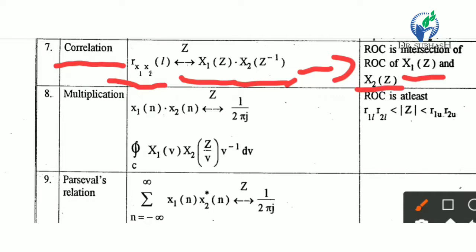The next property, multiplication. x1 of n multiplied with x2 of n.